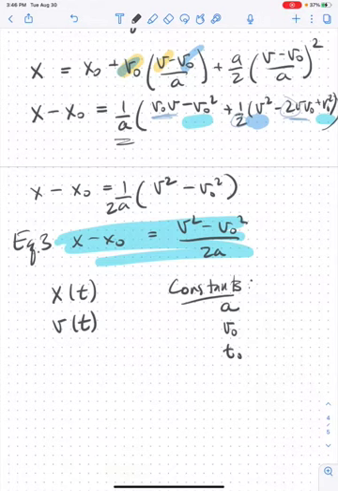Our t naught, again, which we may or may not know, but it's whatever time it started with. Our x naught, which is our initial position. Again, we may or may not know it. It's whatever position it started at. Okay, and then t also is a variable that can change. So on the left here are the variables, and then on the right are the constants. Okie doke. Hope that helps.